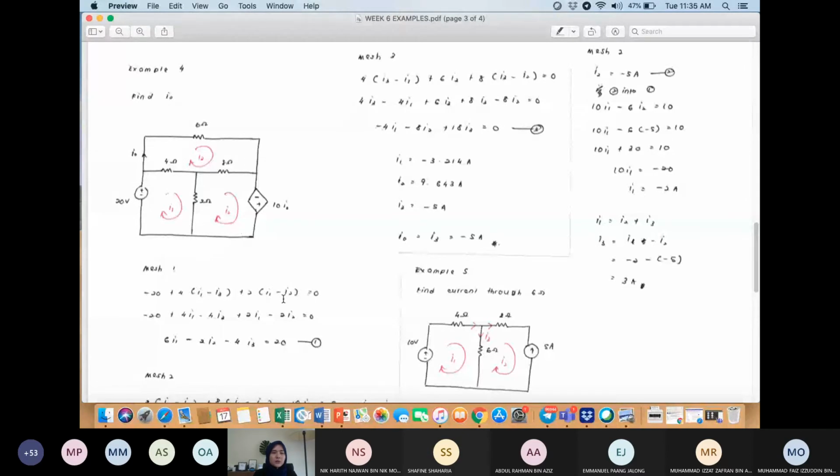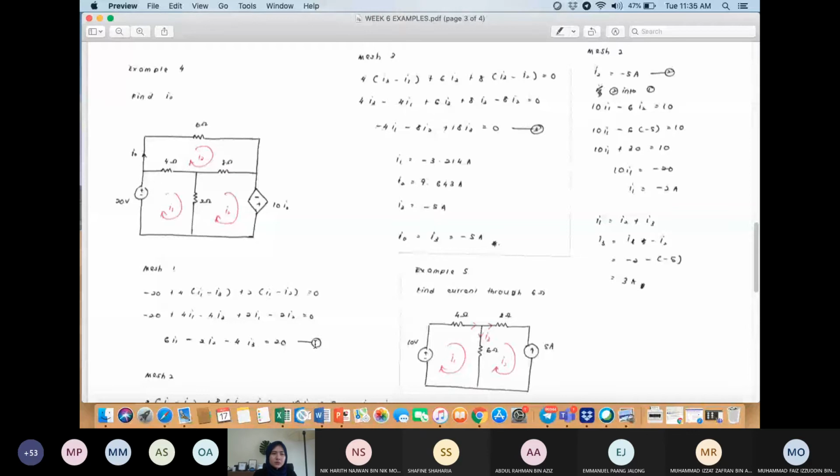Simplify this equation, you will get 6I1 minus 2I2 minus 4I3 equals 20. So this is the first equation.